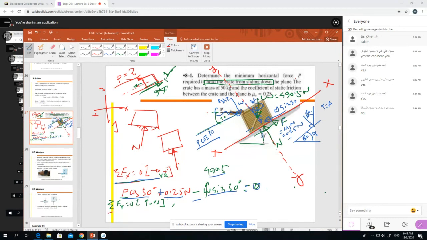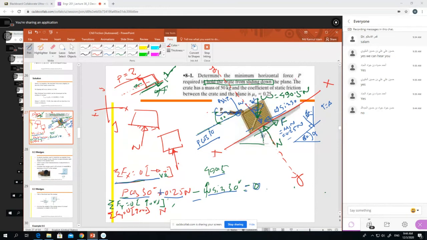So this is summation horizontal, and now we will do summation of vertical, or y, doesn't matter what you write, equal to 0. Upward force we assume plus. What are the forces we have in the y direction? Upward, the N force is working, we write N here.